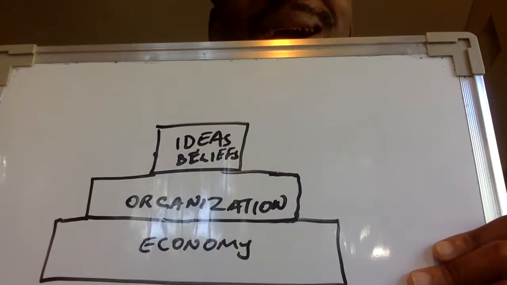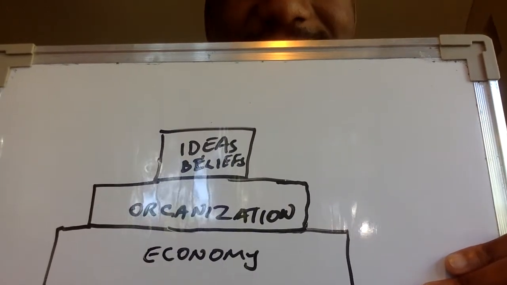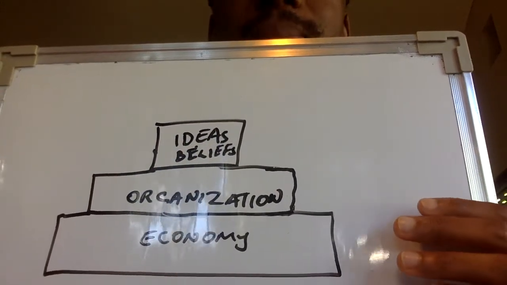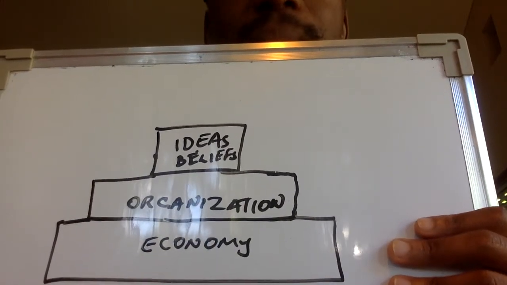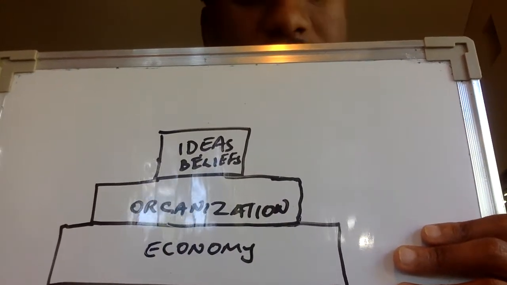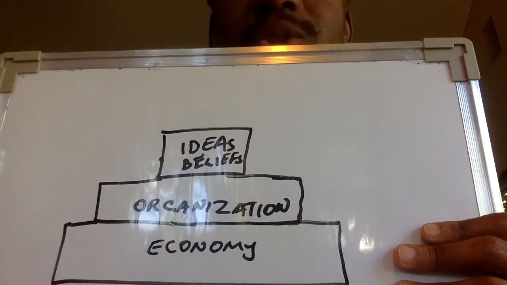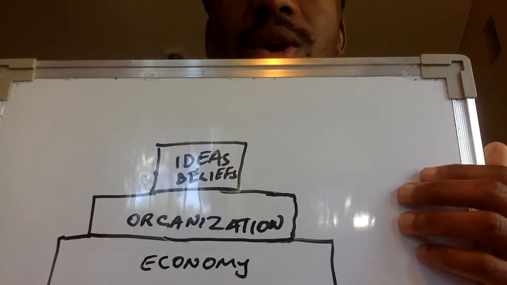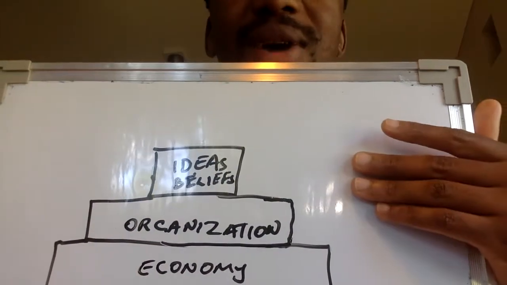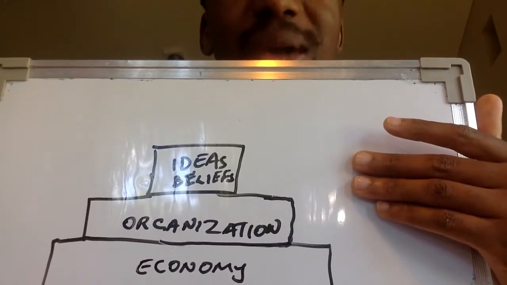This argument by a scholar called Marvin Harris argues that because it was a dry desert environment and pigs require a lot of water to sustain them and to cool them in the heat, that led to the development of a proscription at the level of ideas against the raising of pigs.